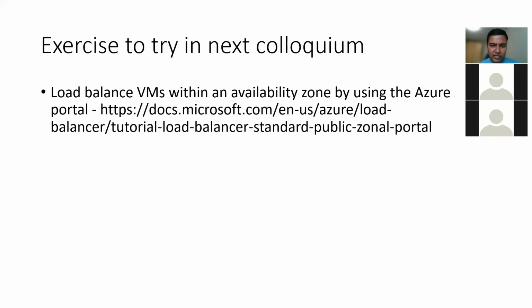If you go to this link, you can follow the steps and see how you can do it. And if you find any difficulty, you can ask questions to your TA.